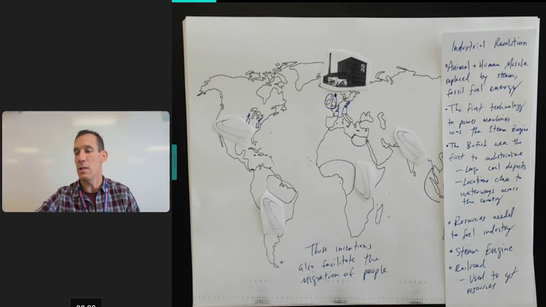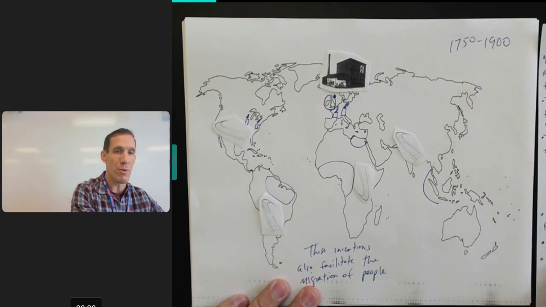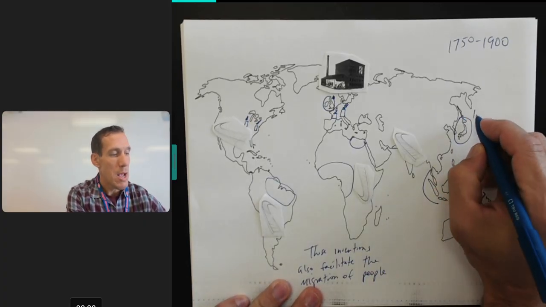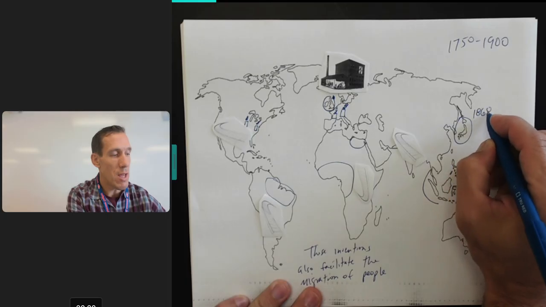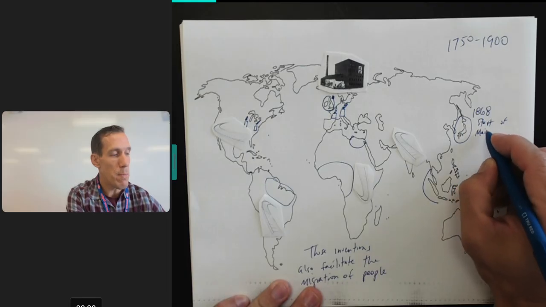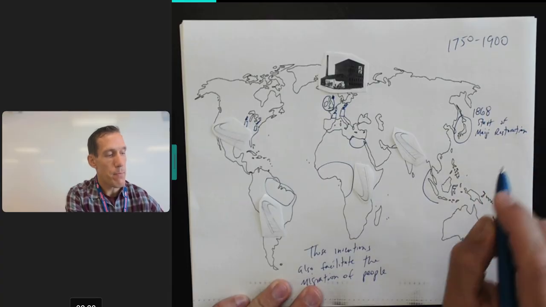Okay. Last thing I'm going to talk about here when we're mentioning the Industrial Revolution, we're going to move this out of the way, and we're going to talk about Japan. And specifically in 1868 is the start of something called the Meiji Restoration. All right.